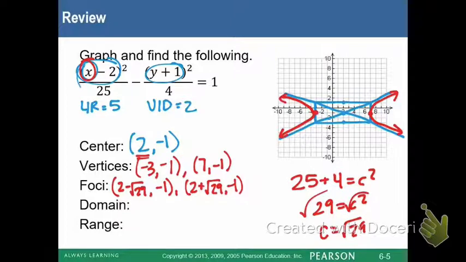So here, domain and range are going to be a little different. So for the domain, you want to think left and right. So if we look at the graph here, this time the graph is going left and right forever. Okay, this piece it goes left forever, this piece it goes right forever. But again, there's going to be this gap here where we don't have anything.